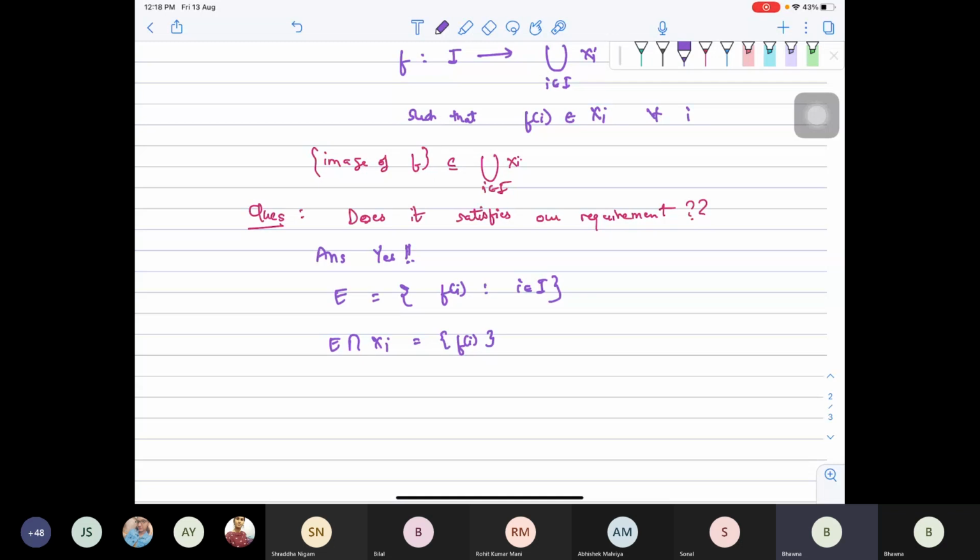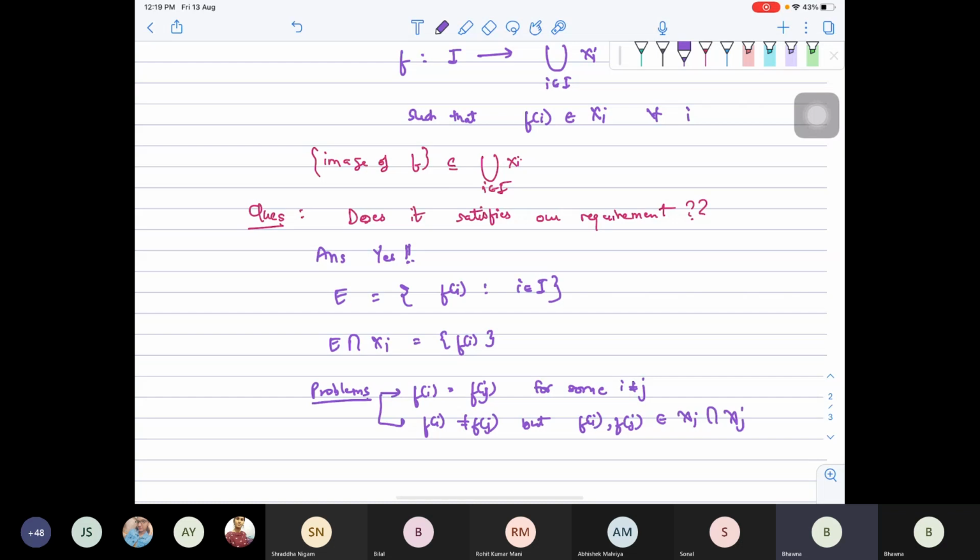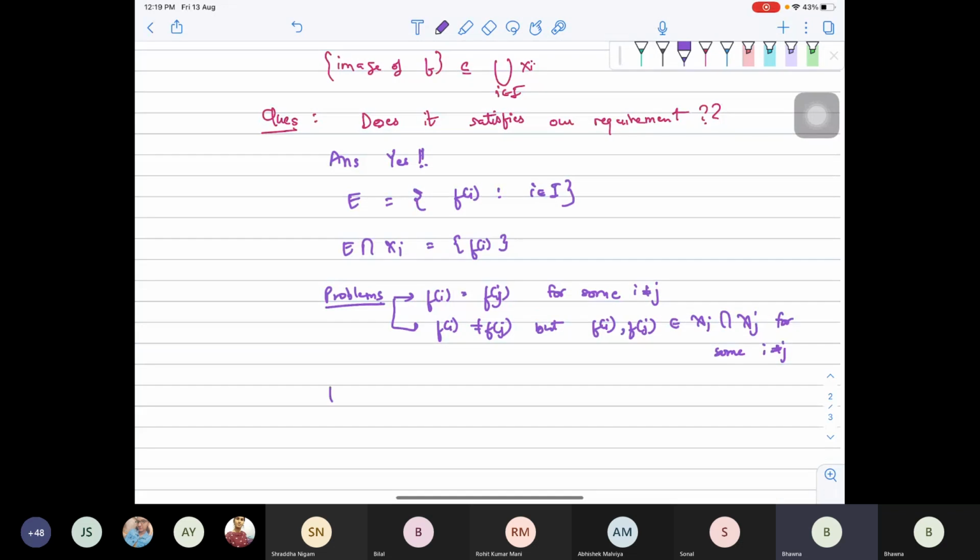I can have f(i) equal to f(j) for some i not equal to j, or I can have f(i) not equal to f(j), but f(i) and f(j) both belong to Xi intersection Xj for some i not equal to j. These are the problems.